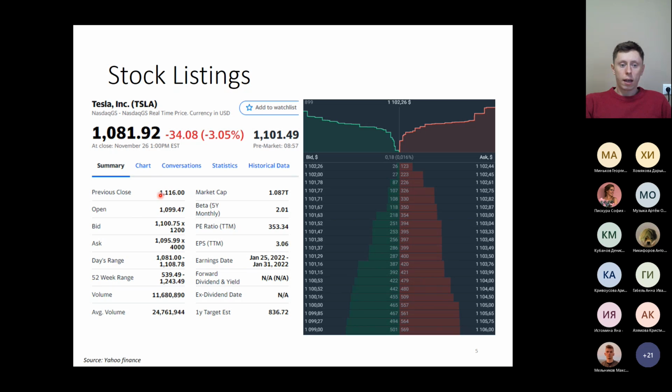And you see that the gap between the previous close price and the open price might be quite significant. There are multiple reasons for that. First of all, there is additional information that emerges during the period when the exchange is closed, and that is why this information would be already incorporated in the very first transaction that would be settled here.